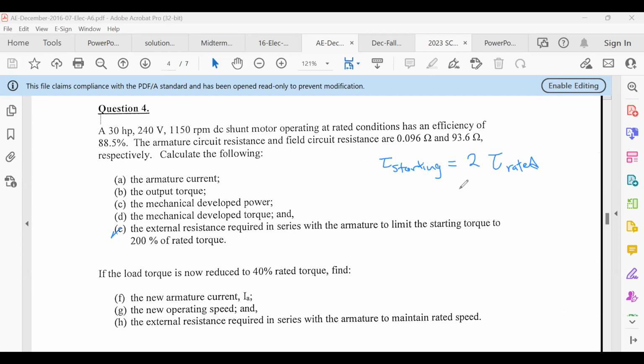For this one, it means you can allow double the armature current, which we already got. For the starting, it's V terminal minus 0 minus E over R external plus R armature. We already calculated IA, and you have VT as 240. You can calculate the external resistance that is going to limit your current and torque to 200% of the rated.